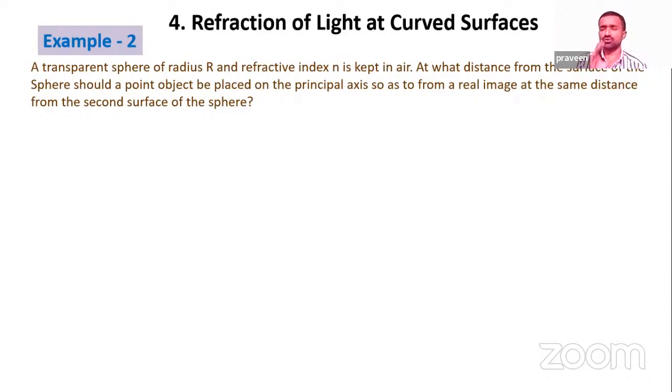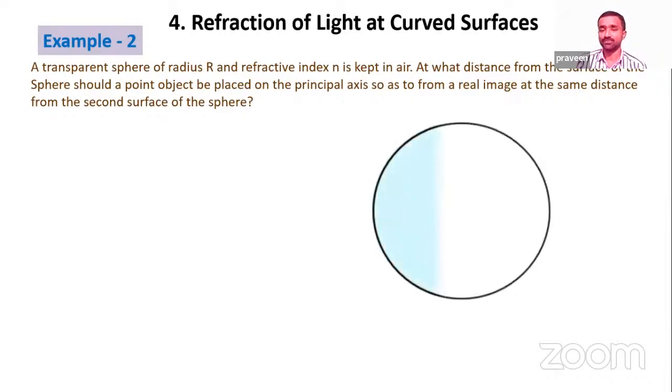So you have to draw the figure. A sphere is given with radius r. This is the transparent sphere. Its radius is given: from the center to the boundary, that distance we take as its radius r.